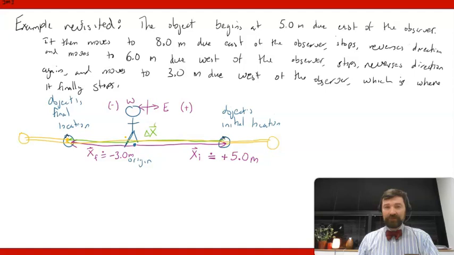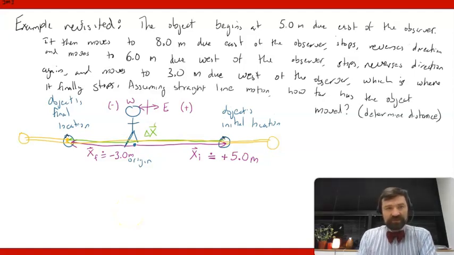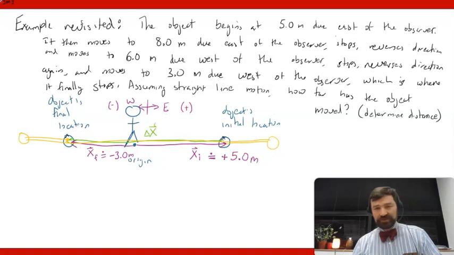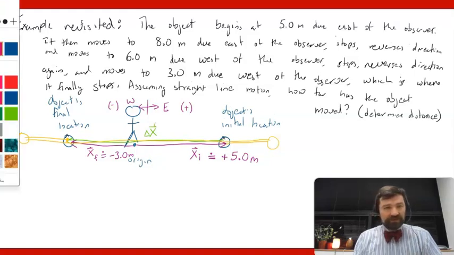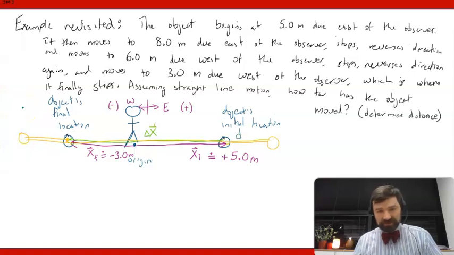So how far has this thing moved? In other words, we're determining a distance here. Well, since the thing is moving along a straight line, we can basically just add up each of these little parts of the motion. So we are adding a distance, let's call it d1, from 5 to 8, so that would be 3 meters.